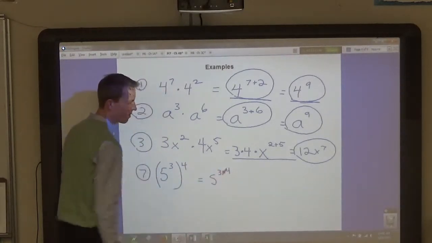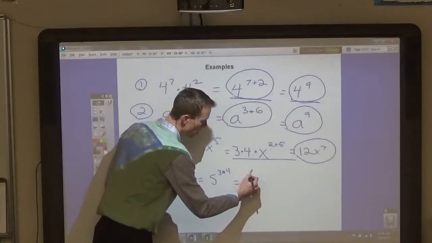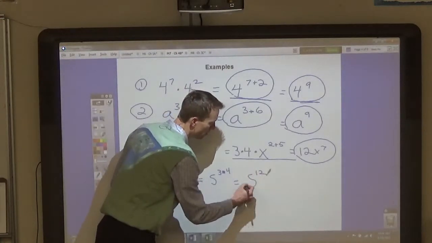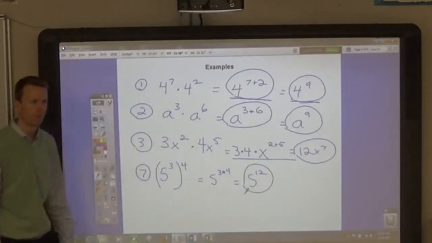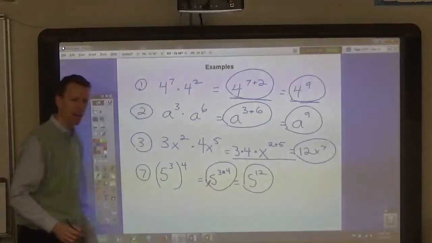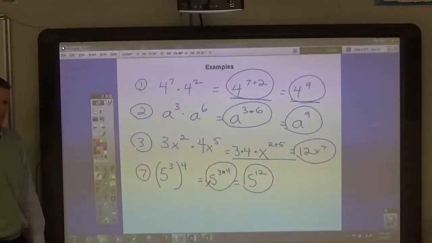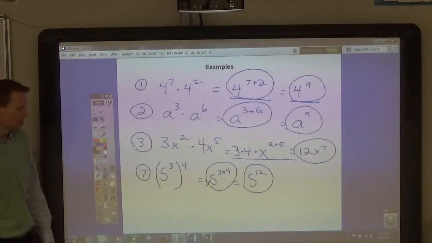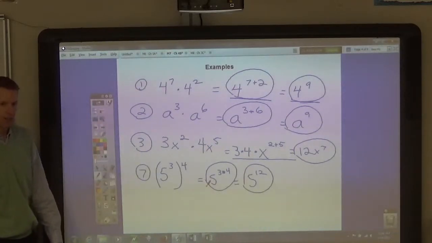Actually, I should use the dot times, which is 5 to the 12th power. Right? So then we have to write 5 to the 3 times 4, and then 5 to the 12th power. If you do 5 to the 3rd power, 5 to the 3rd power, and 5 to the 3rd power, only if you do that one first. Okay.